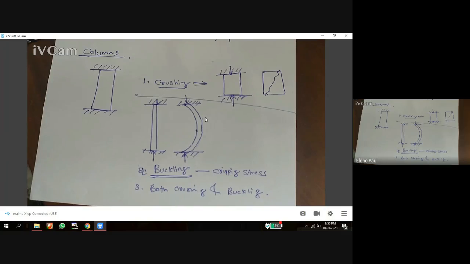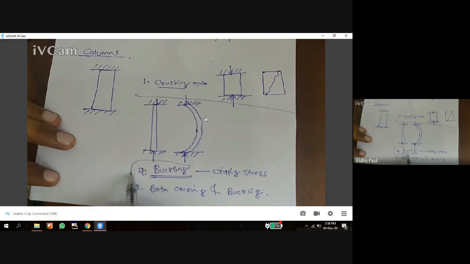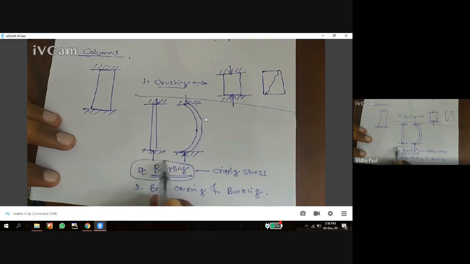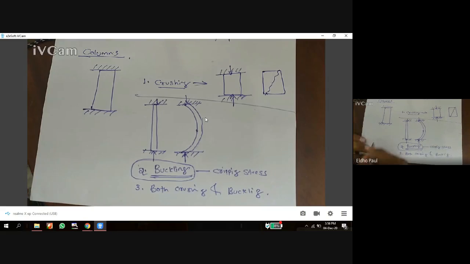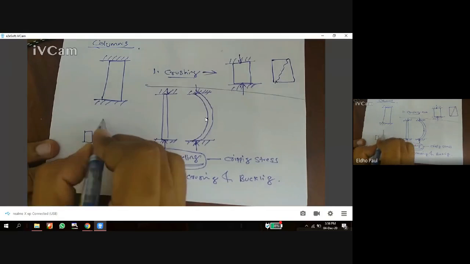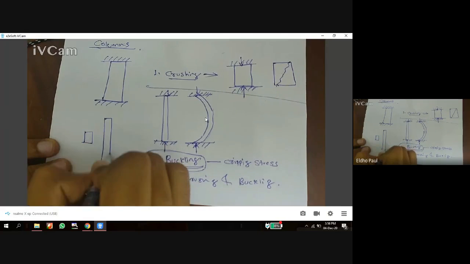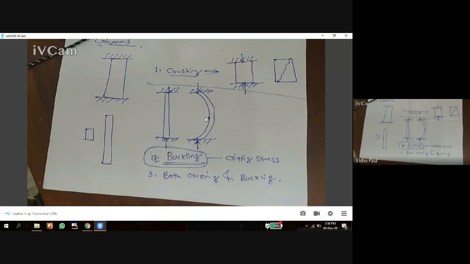The next question is, in what type of column does buckling failure occur? I am taking a short length column and a longer column. What is the possibility of buckling failure on column 1 and 2? Which one has the higher tendency for buckling?